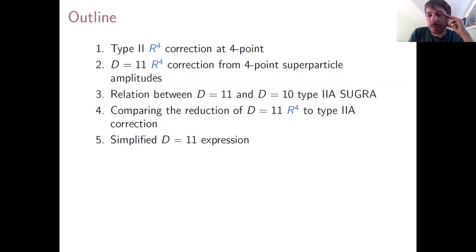Then I will discuss the relation between 11-dimensional supergravity and type 2A supergravity, which is a well-known textbook story. And then I will show how we can compare this 11-dimensional correction that we calculated from superparticles to the type 2A R to the 4 correction. And finally, I will discuss how this lets us come up with a simpler expression for the terms in 11 dimensions than has appeared previously.